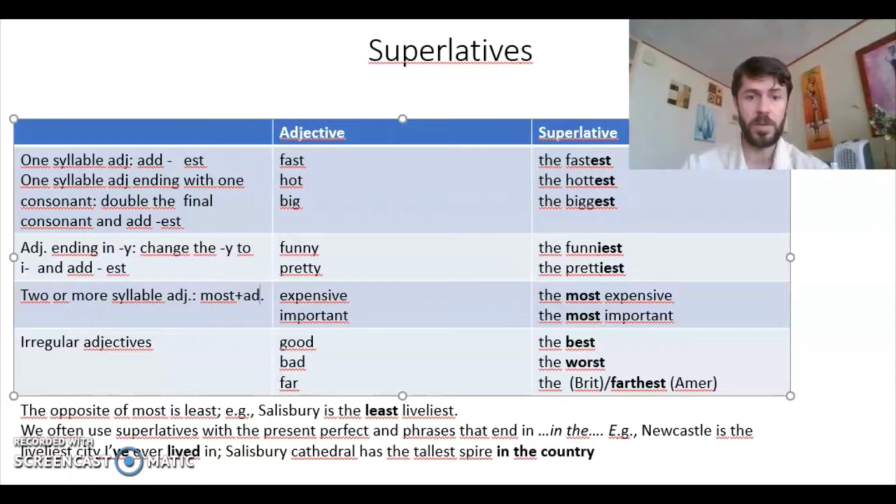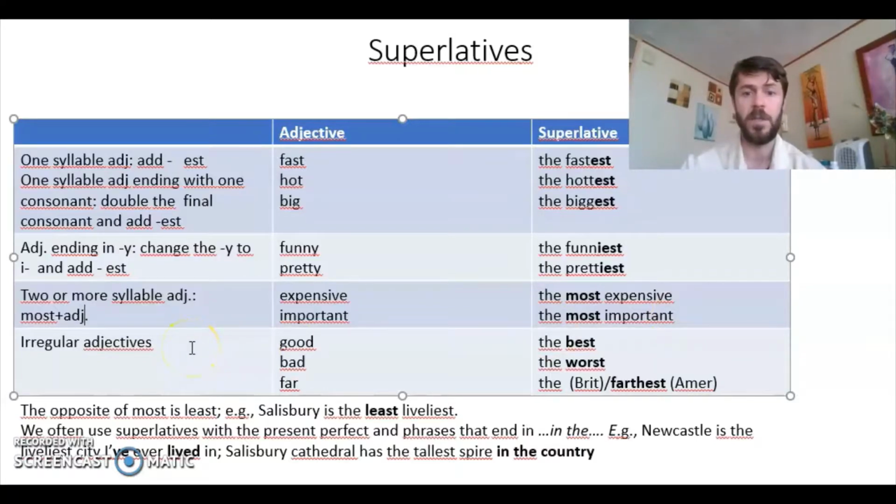So most plus adjective. That's different from the others, because here they take IEST, funniest, prettiest, and these take EST, fastest, hottest, biggest. But these don't take anything. It's just the adjective. Expensive, important. The most expensive, the most important.